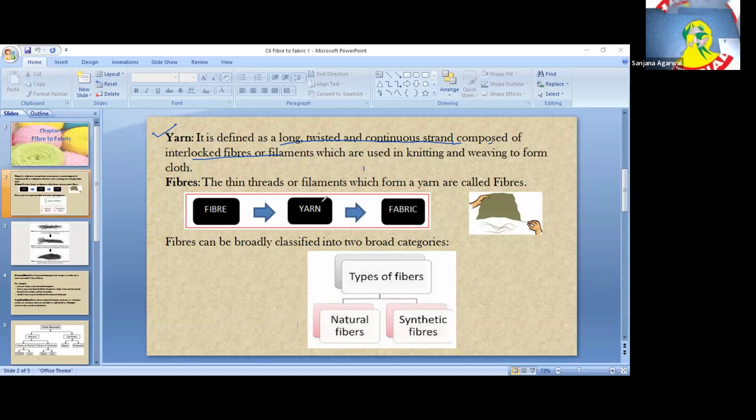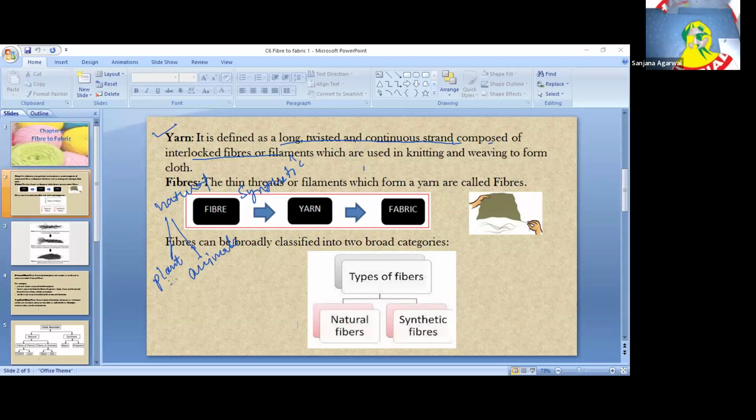So see, first, our fiber can be natural or synthetic. Now, further, naturals are divided into two. Either we obtain the fiber from plants or we obtain them from animals.